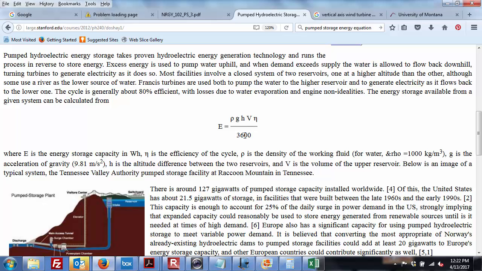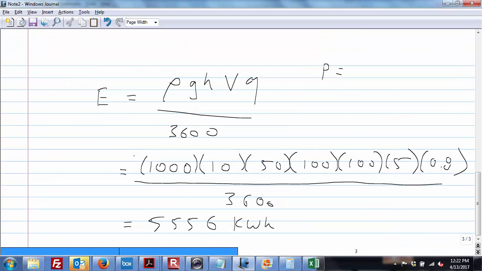You divide that by 3,600, because this is going to be in joules, I guess, megajoules. Divide by 3,600 to get the whole thing in watt hours. Okay. So we pop this in. I left off the units, but density is 1,000 kilograms per cubic meter. Gravity is 10 meters per second squared. The height we just said is 50 meters. The volume is 100 by 100 by 5, and the efficiency is 0.8.